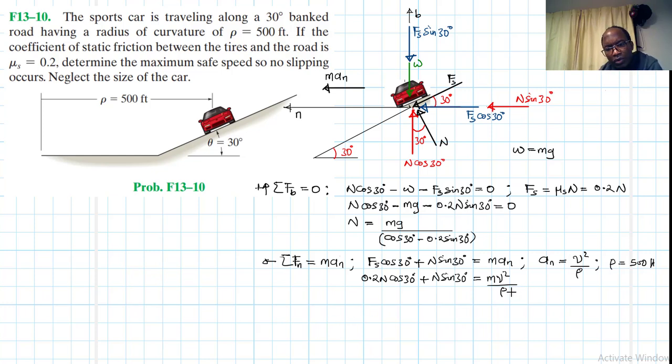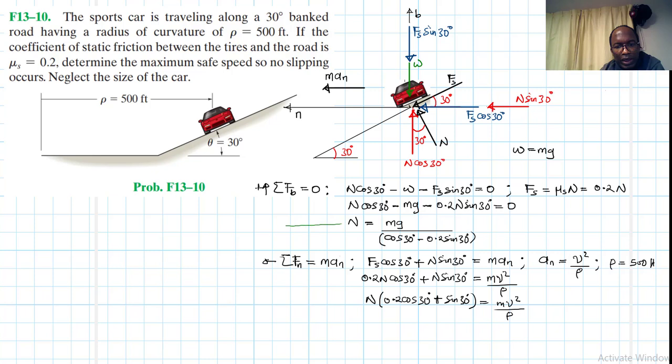Before we do so, we can factor out the N here. So we are just going to have 0.2 cos 30 plus sin 30 equal to m v squared divided by rho.